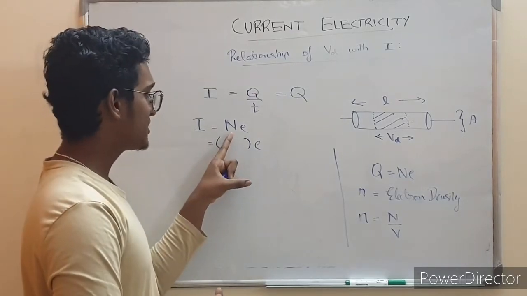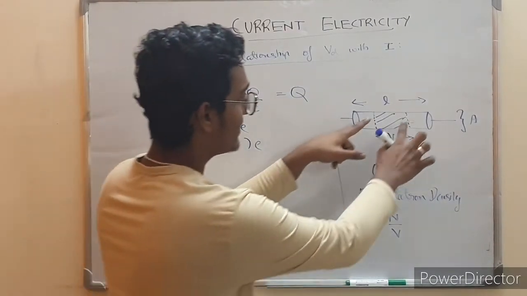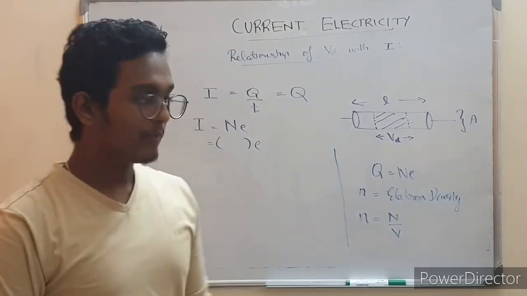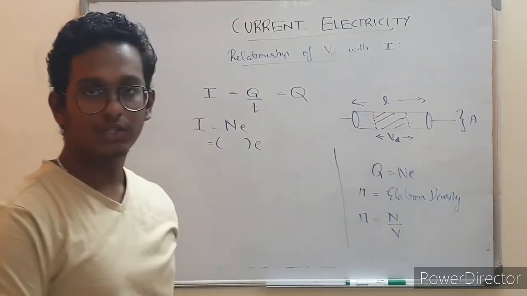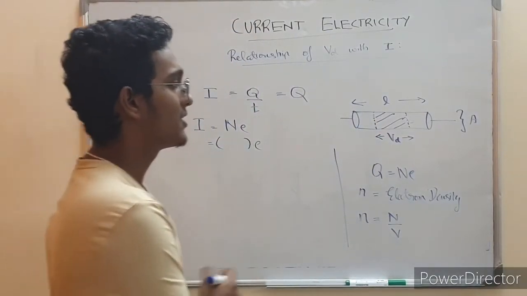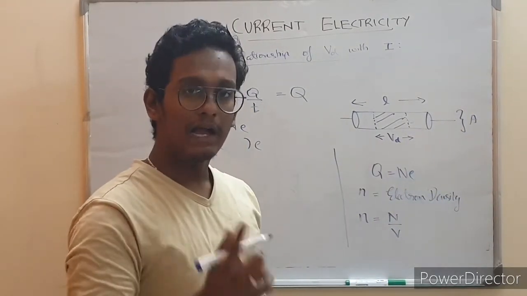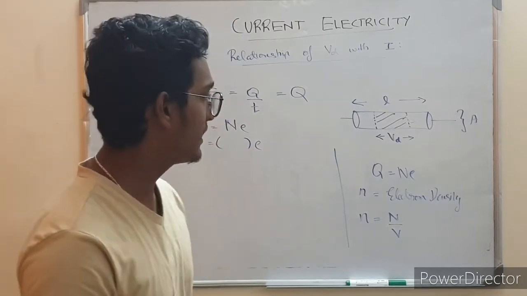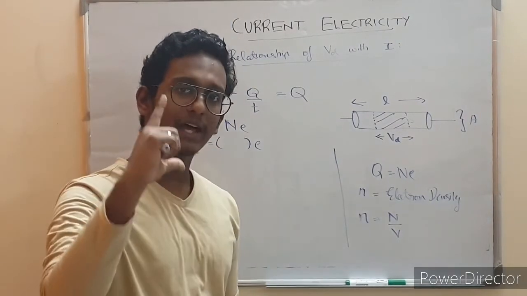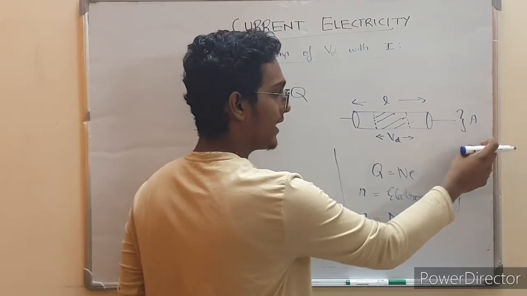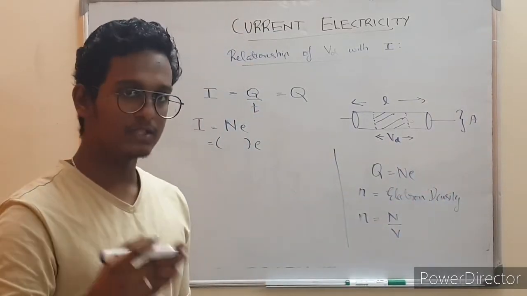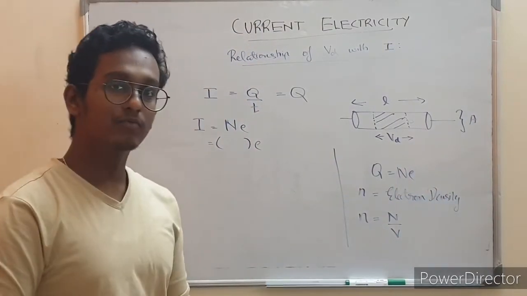So how many electrons are present totally in this region? That means we need the volume of this region. So what is the volume of this region? Cross-sectional area is A, height is Vd, and you know the volume of any symmetrical figure is the base area times the height. So base area is A times the height, which is A times drift velocity. That is the volume.